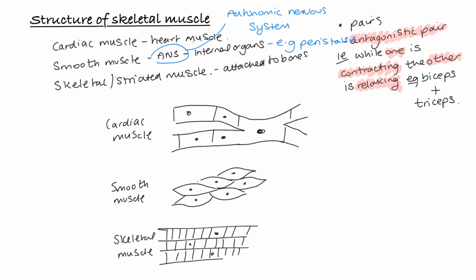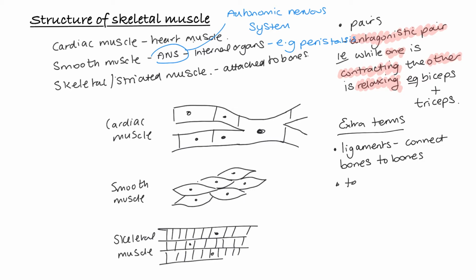So I'm just going to introduce you to a few key terms that are not really super necessary for your A-level understanding of muscle, but are just generally useful. So you may have come across the term ligament. Ligaments connect bones to bones, and tendons connect muscles to bones. So tendons connect our muscles to our bones, and wherever two bones meet, we call that a joint.